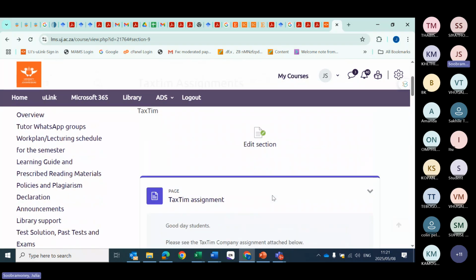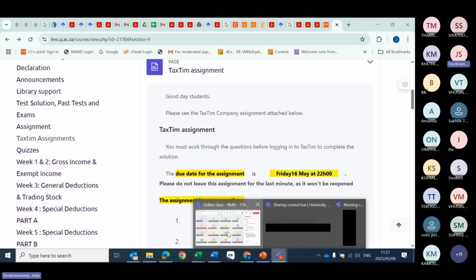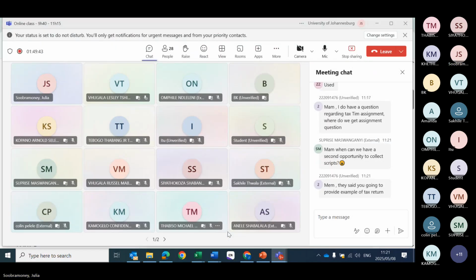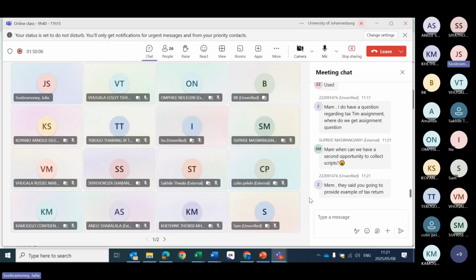Okay. Any questions from your side, guys? Sorry, who said they're going to provide you an example of a tax return for the student that said that? I'm not too sure who said that you would get an example, but basically, if you have not been on the system before, the system asks you questions.